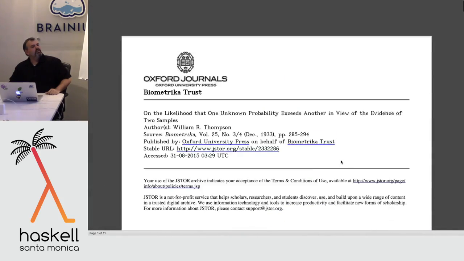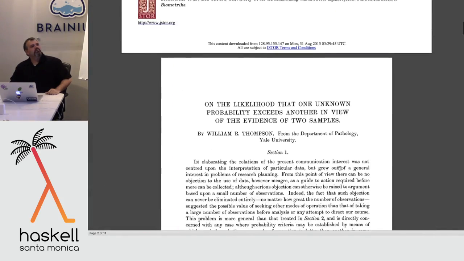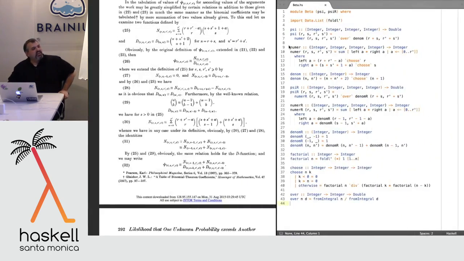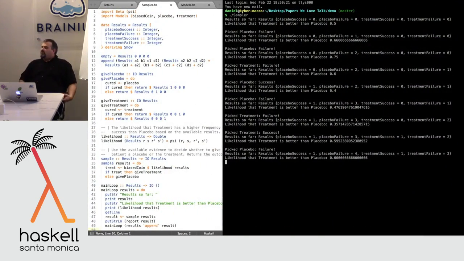So the idea that if placebo is really bad, it's not a high bar to beat. Yeah, we're calculating the likelihood that one unknown probability, that's the effectiveness of the treatment, exceeds another unknown. So that is important, you're right. And this does not tell us that the treatment is particularly good. It only tells us, based on this data, we have such and such confidence that the treatment is better, right? So that's a very good question.